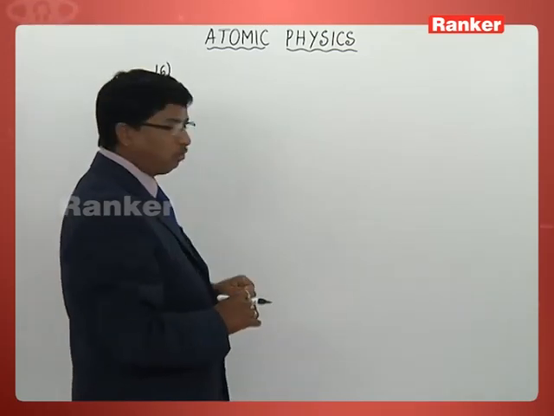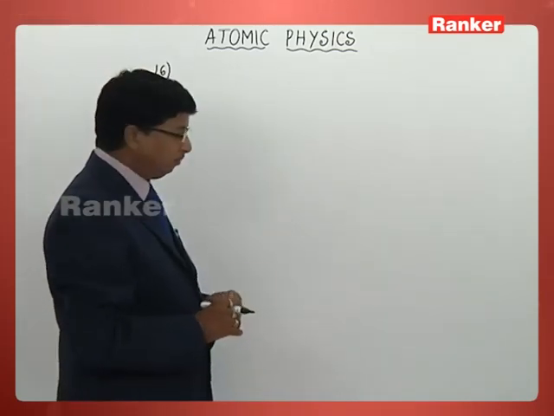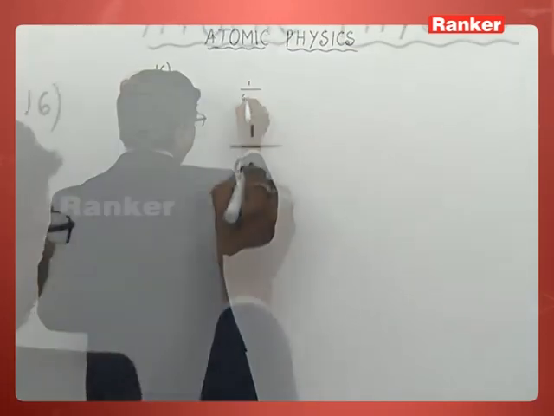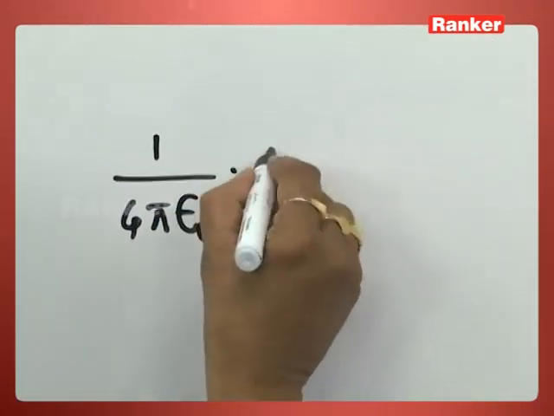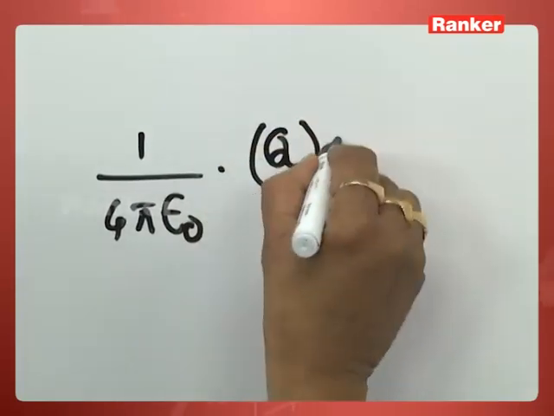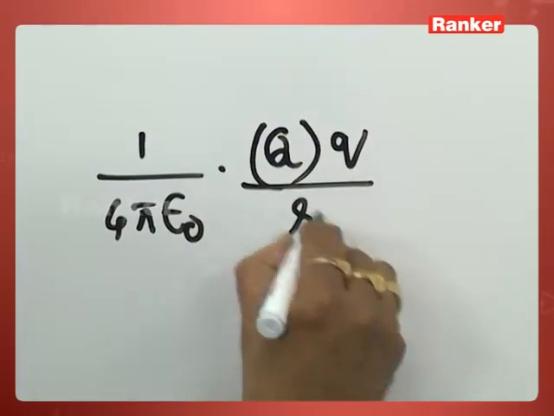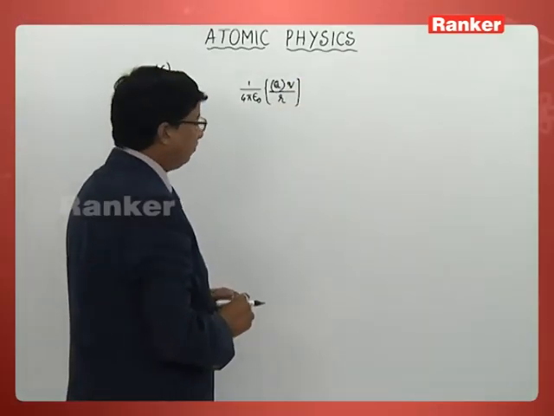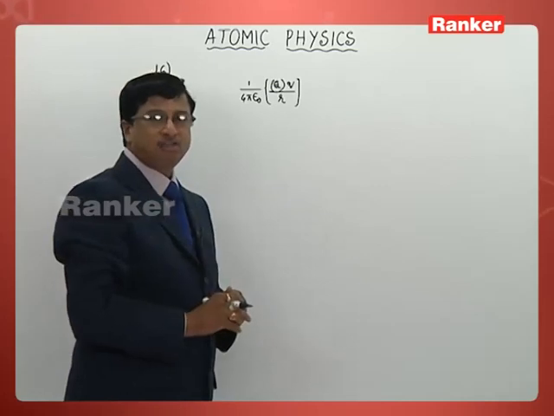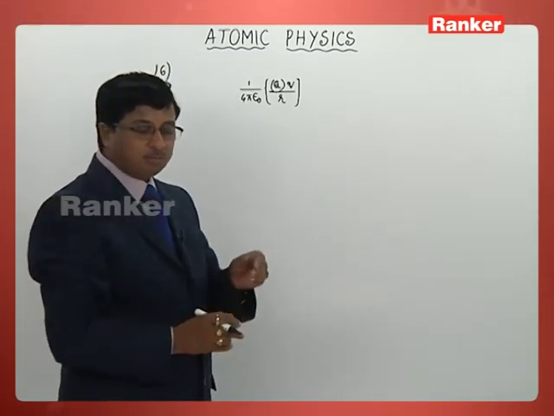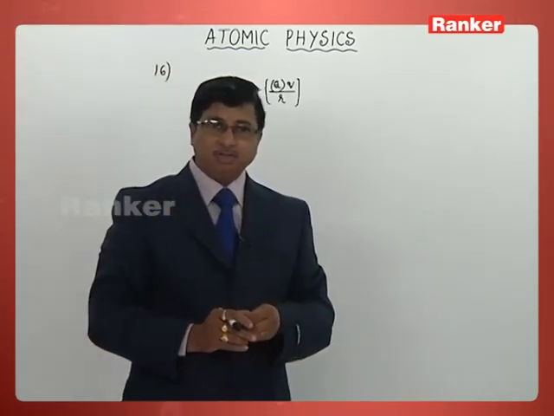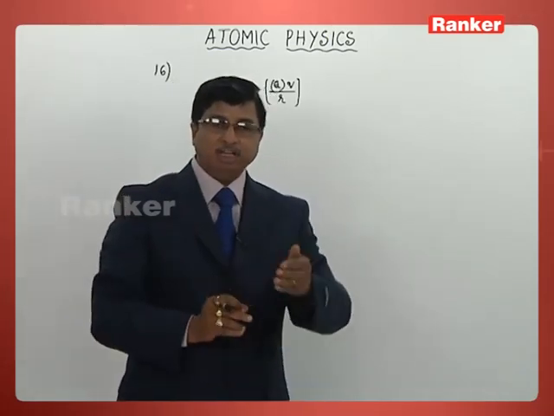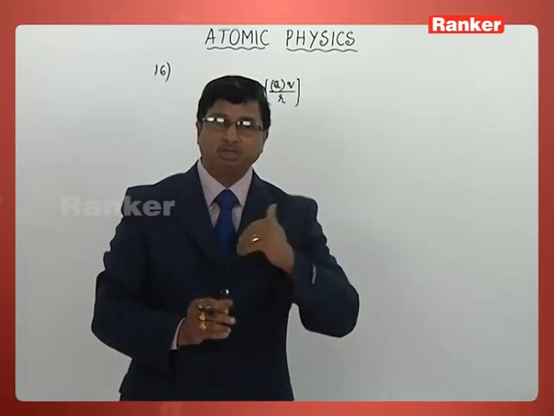Distance of closest approach, you can directly understand this way. Half, that is 1 by 4 pi epsilon naught, q into small q by r. What is this value? Try to recollect once again. This is the energy that has been lost by the moving charged particle when it is stopping before hitting the nucleus.